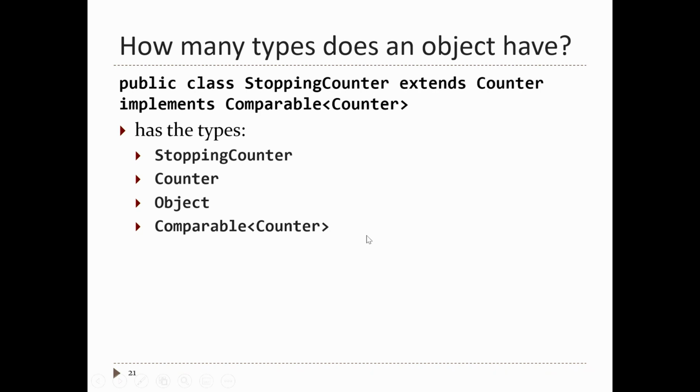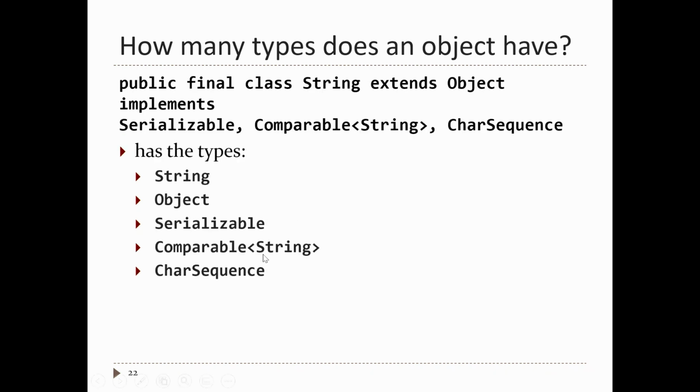StoppingCounter extends Counter and implements the Comparable interface. So what types does it have? Well, StoppingCounter, Counter, and now remember, Counter extends Object, so Object. And we implement the Comparable<Counter> interface, so it also has the type Comparable<Counter>. So StoppingCounter actually has 4 different types in Java.